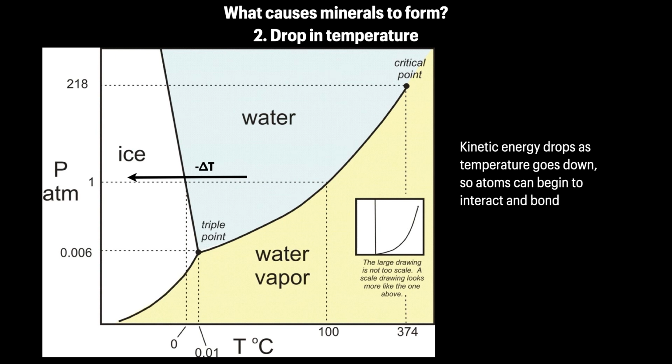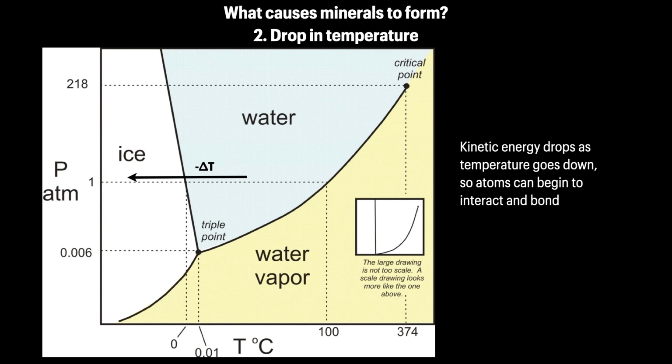Another thing that happens is that if you have a drop in temperature, you can get minerals to start forming. A drop in temperature might be something we picture in magma. As the magma cools, the kinetic energy drops, so the atoms aren't moving around as much and they begin to bond. You can think of the same thing in water. The arrow that you see there, marked by a minus delta T, just means the temperature is dropping.